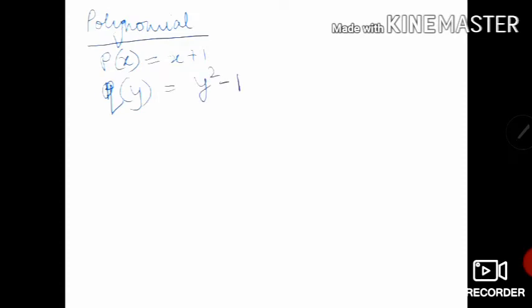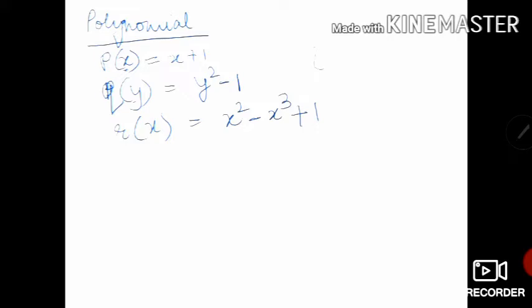So, this is a polynomial in y. Another polynomial r of x can be written as x square minus x cube plus 1. So, this is how we write polynomials in the given variable. The variable inside the bracket means that the polynomial is in this variable.